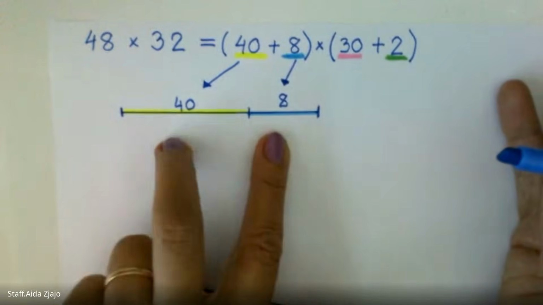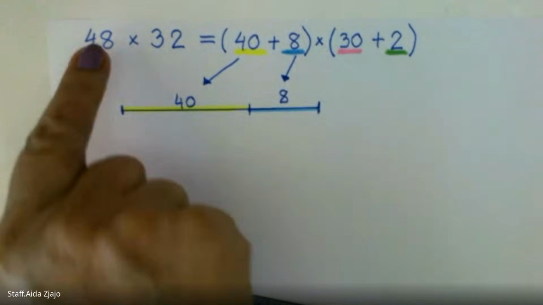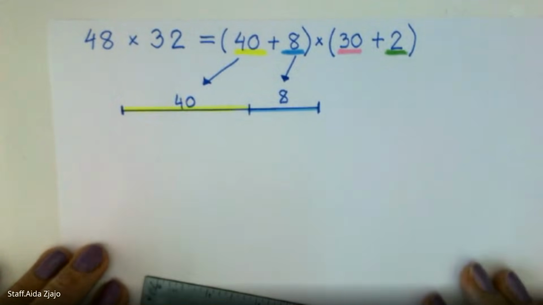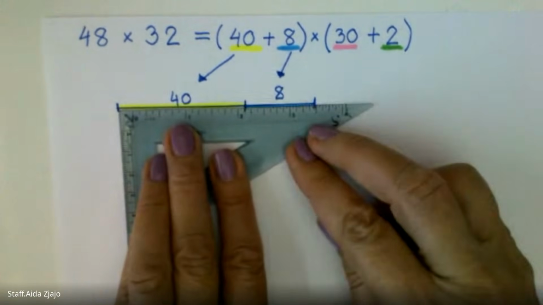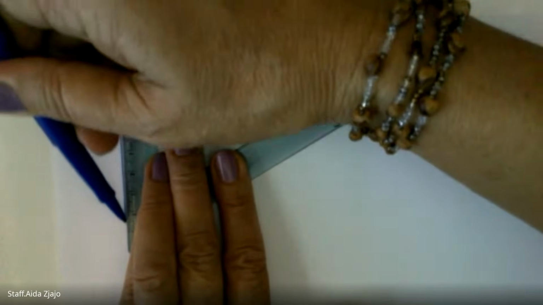So I have 2 lengths for my areas. I also know if I multiply 2 by 2, I will have 4 areas to create. So now I'm going to draw the perpendicular line down from here.